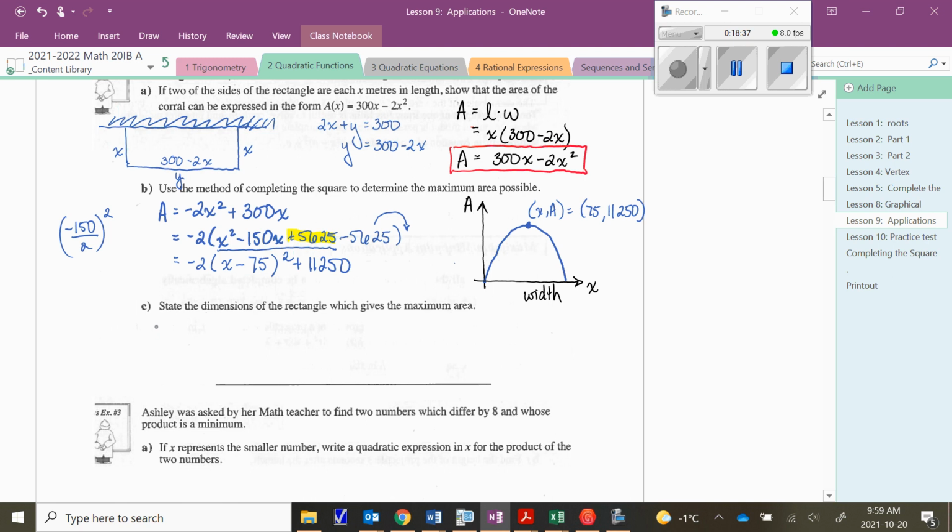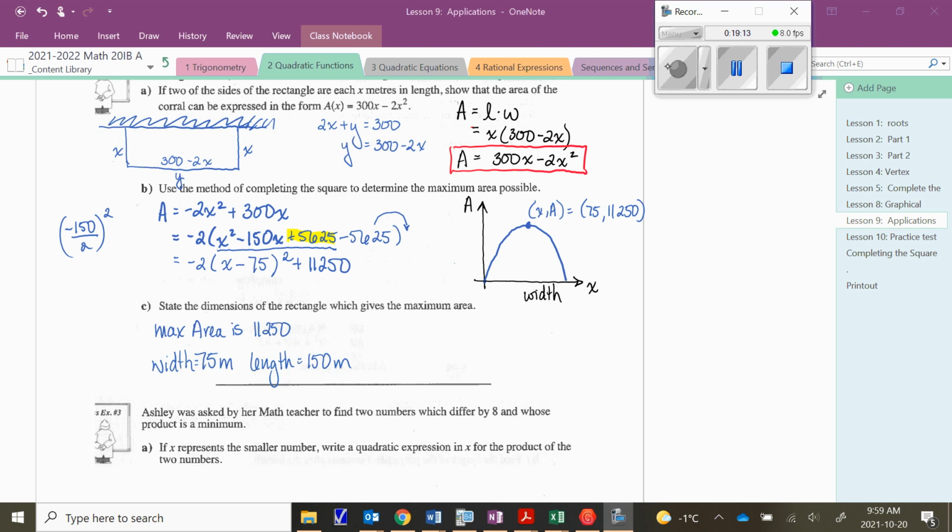So max area is 11,250, and our dimensions are 75 meters by, which is our width, our x, and then our length is 300 minus 2x, so our length is then 150 meters.